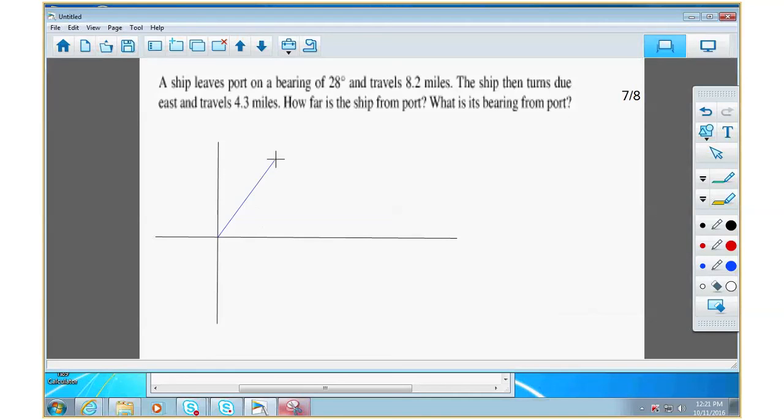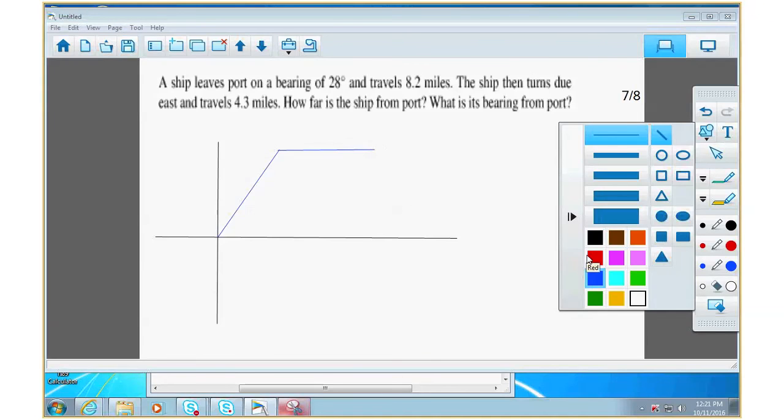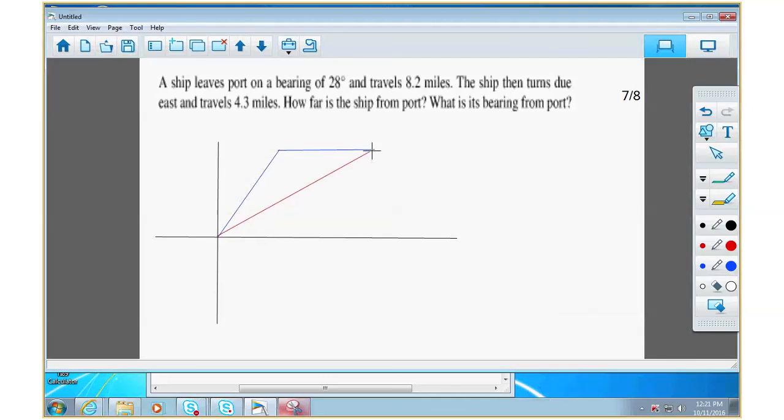All right. Ship takes off 28 degrees, and then all of a sudden it turns due what? They want to know what the distance is from the point of beginning to where it is now.